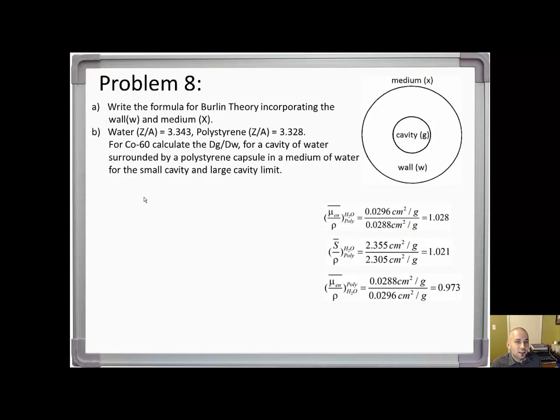So the formula changes. This is essentially what it'll look like. It tacks on that extra mu en over rho of wall over medium, whereas this mu en over rho is cavity over wall.